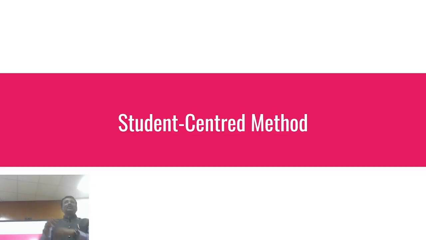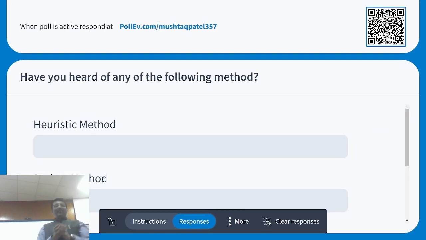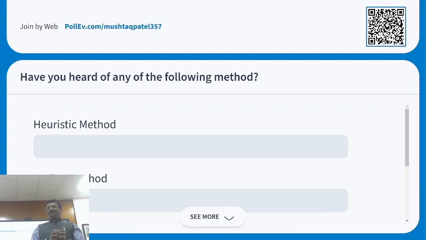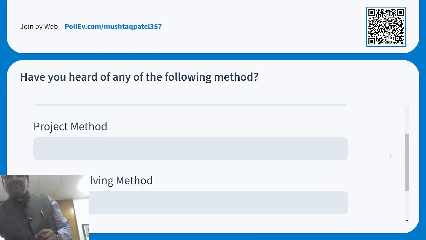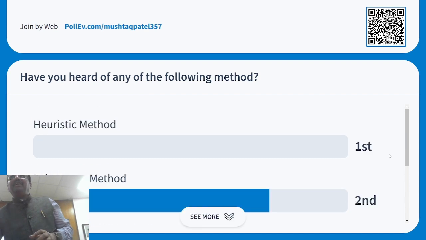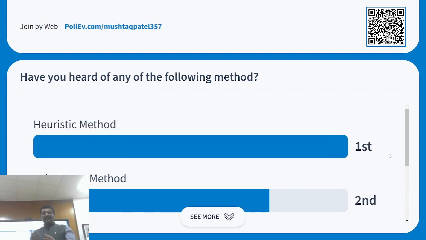Now let us go to student-centered approaches. I have very short time, so let us go very quickly. Have you heard about heuristic method, project method, problem solving method, laboratory method? Which method have you heard? If you have heard all, you can say all.